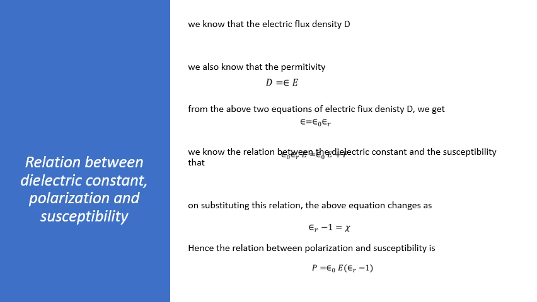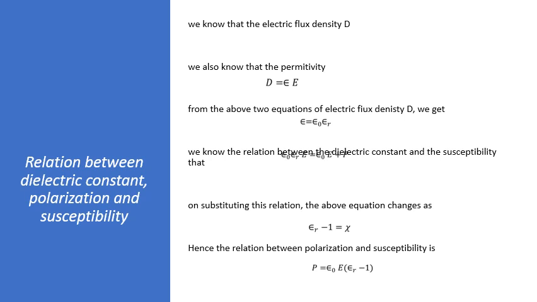We know that D is equal to epsilon E, and epsilon can be written as epsilon 0 epsilon R. So if we place this in place of D, then according to the D relation, epsilon 0 epsilon R E is equal to epsilon 0 E plus P.